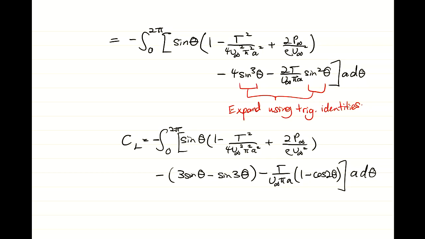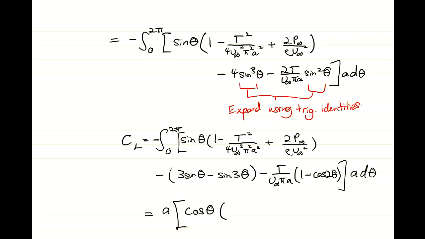Okay, so now you guys are going to tell me the integral of these terms. If I integrate sine theta, I'm going to get minus cosine, right? So the minus with the minus cosine gives me just cosine theta.